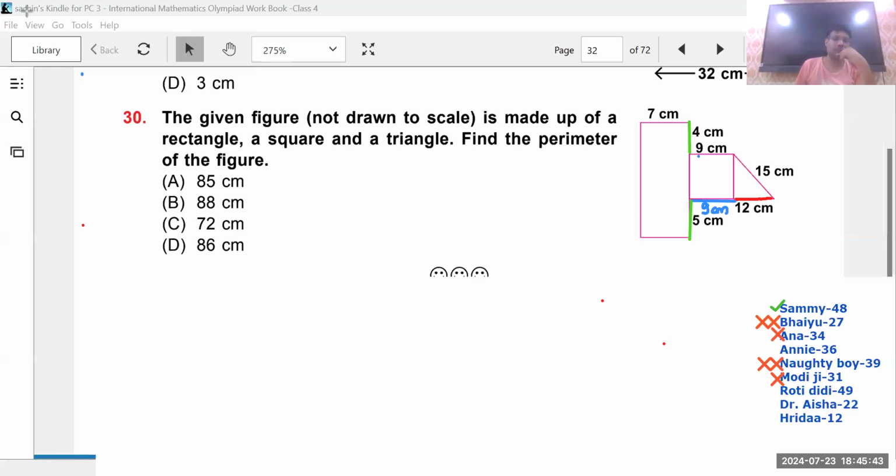Understood, Anna? Rida, you solved it yourself. Mama helped. Sir, I solved it myself. Okay. Let's see.